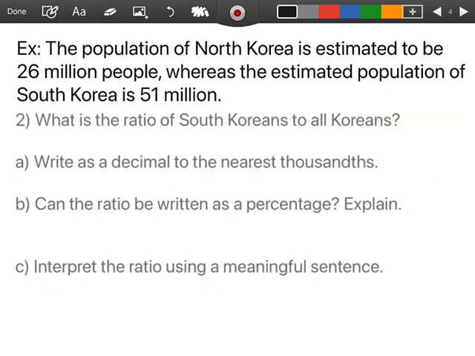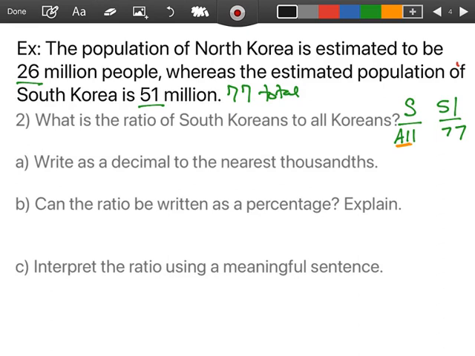All right, let's do one more. We're going to use the same information. What is the ratio of South Koreans to all? So now we're doing South to all. So that's 51 over 77, because 26 plus 51 is 77 total. When you see the word all as part of your ratio, that should click something in your brain.